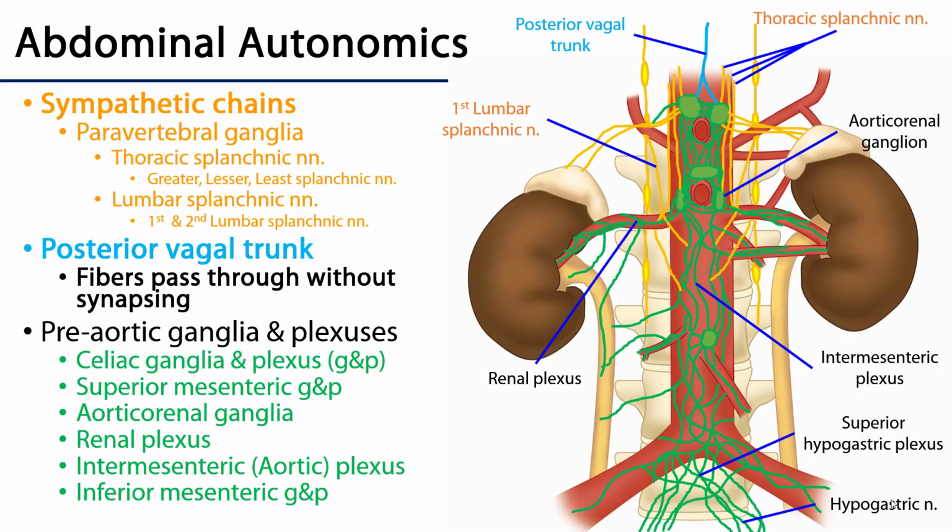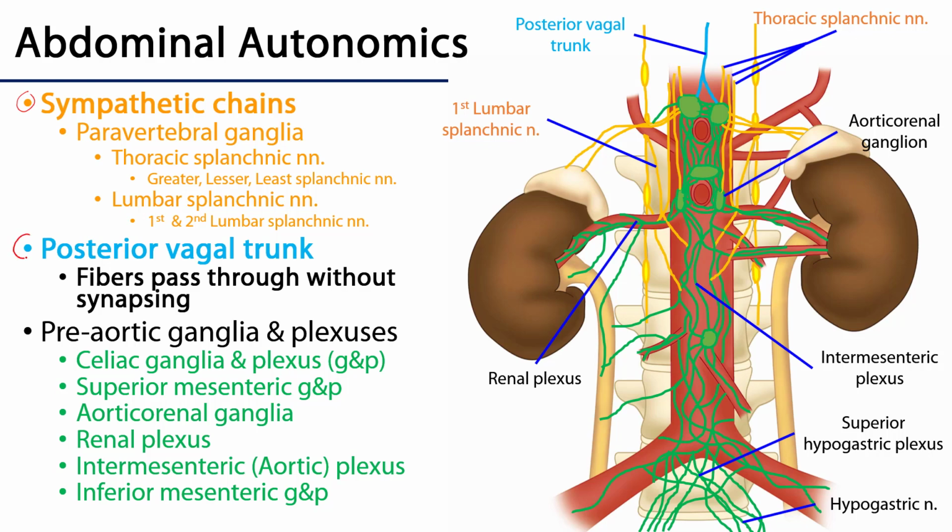Now, here are a lot of words and a lot of visuals thrown at you. I've color-coded them for our convenience. So, for instance, anything that is showing up as orange is going to be purely a sympathetic input.